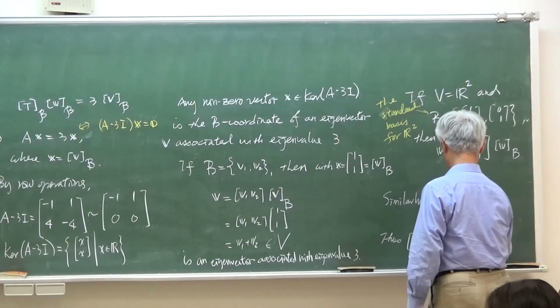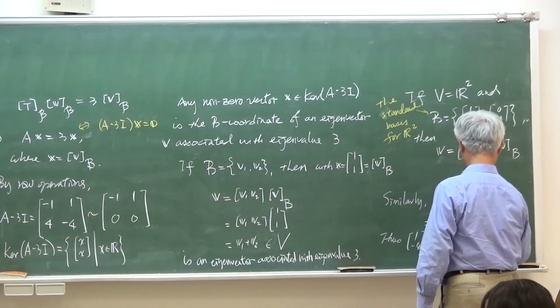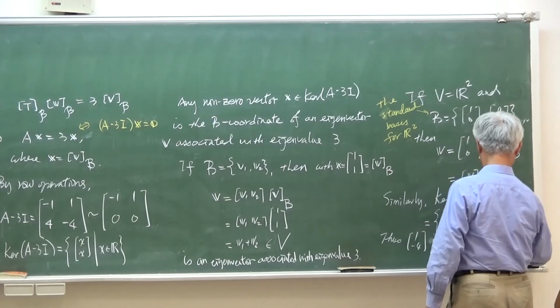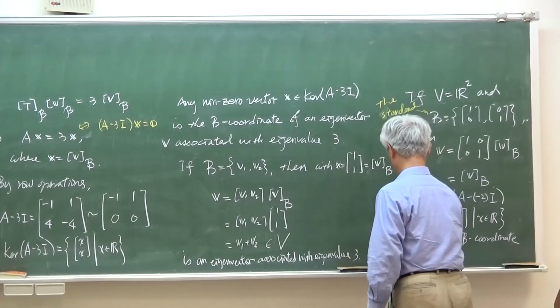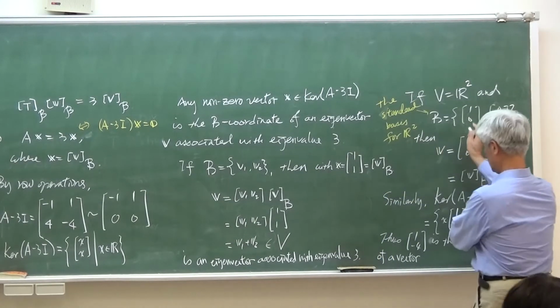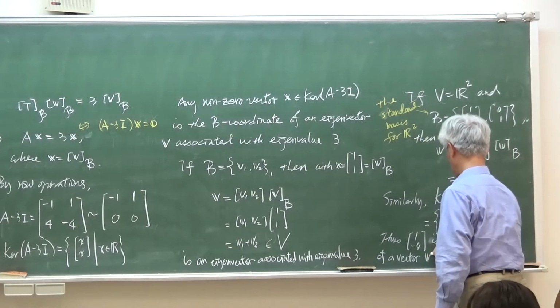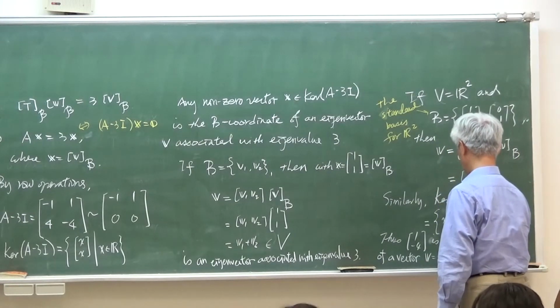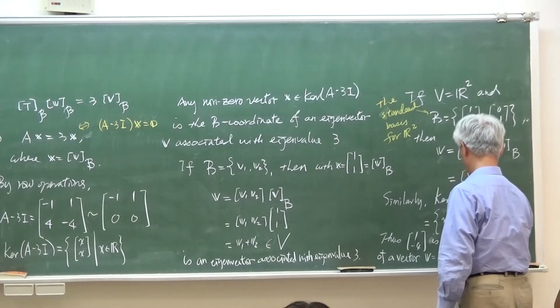It's the B coordinate of the vector v equal to v1 minus 4v2.